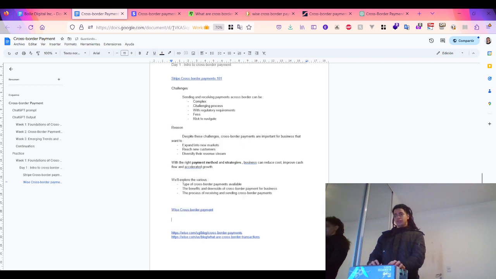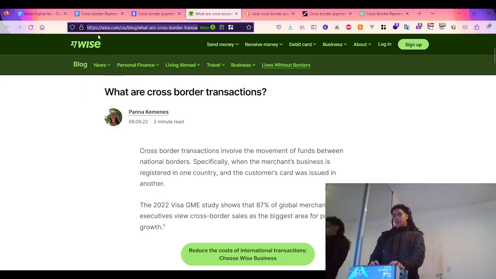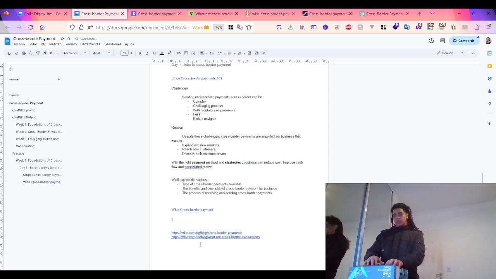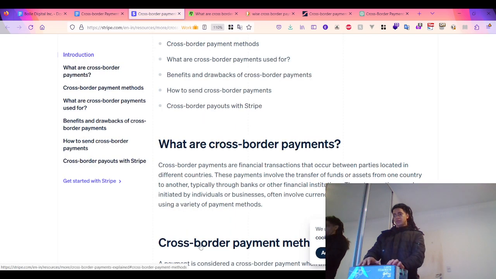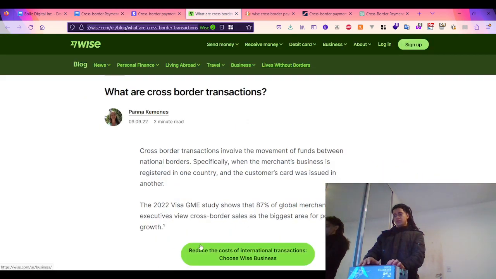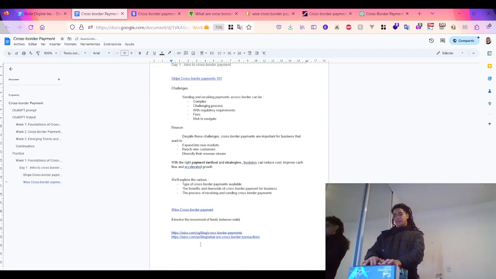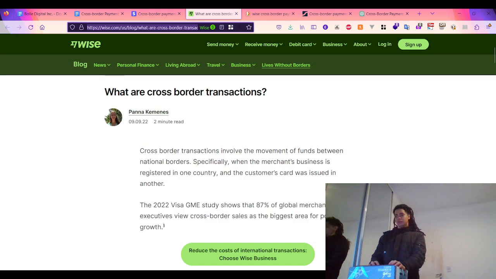They mentioned that for them, cross-border transactions involve the movement of funds between national borders, between countries. It involves the movement of funds between national borders. Period.